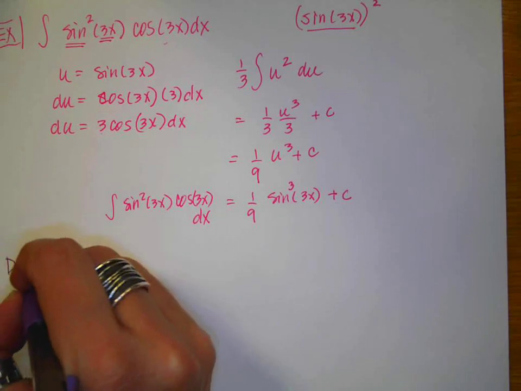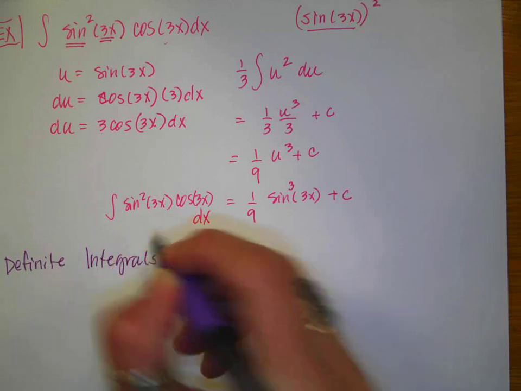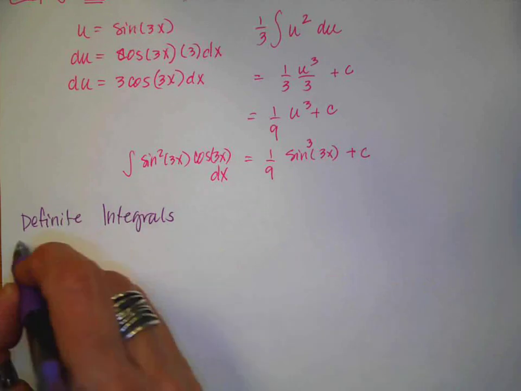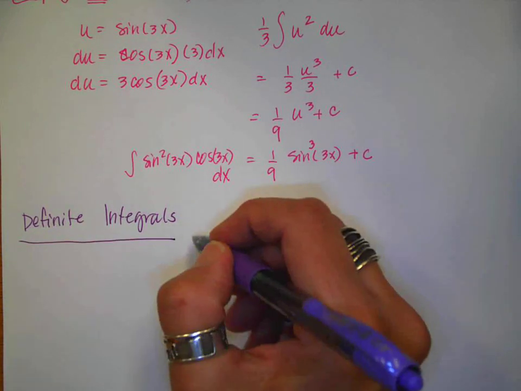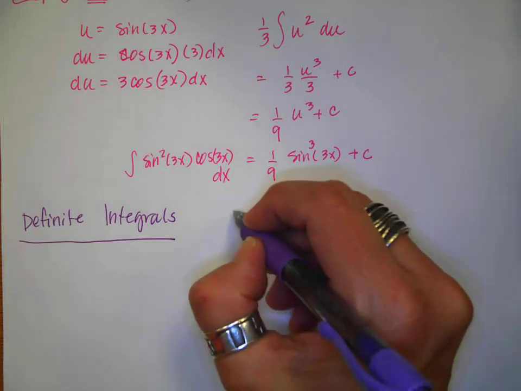The next application that we're going to do is definite integrals with our u substitution. I just really want to do one problem because, remember, with definite integrals, it does create kind of a unique situation.